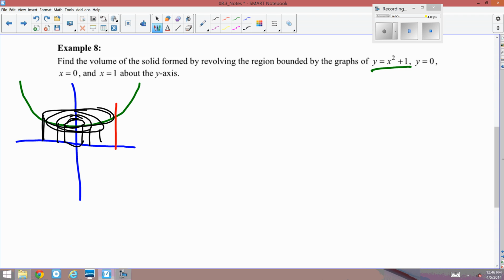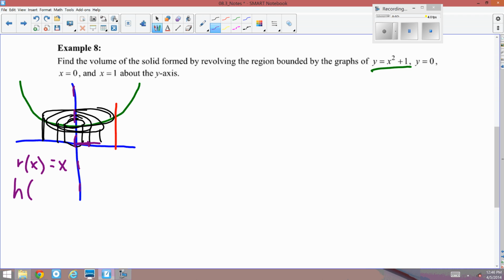The hard part might be hard to think of at first, but it's not too tough. The radius of these shells is going to be the x value of where we are. In fact, anytime you're revolving around the y-axis, the radius will always be x.